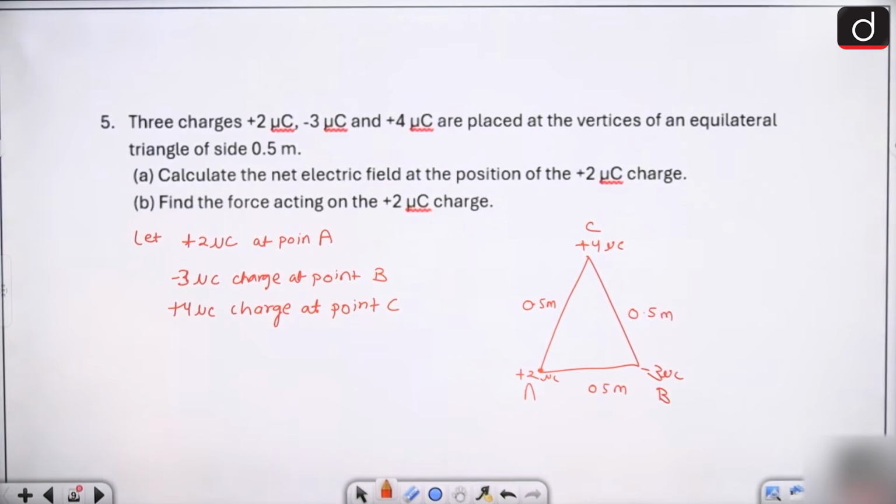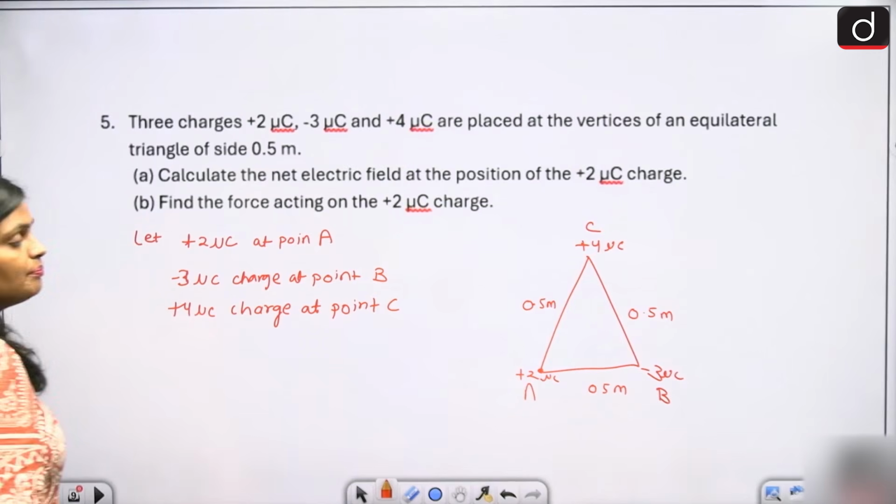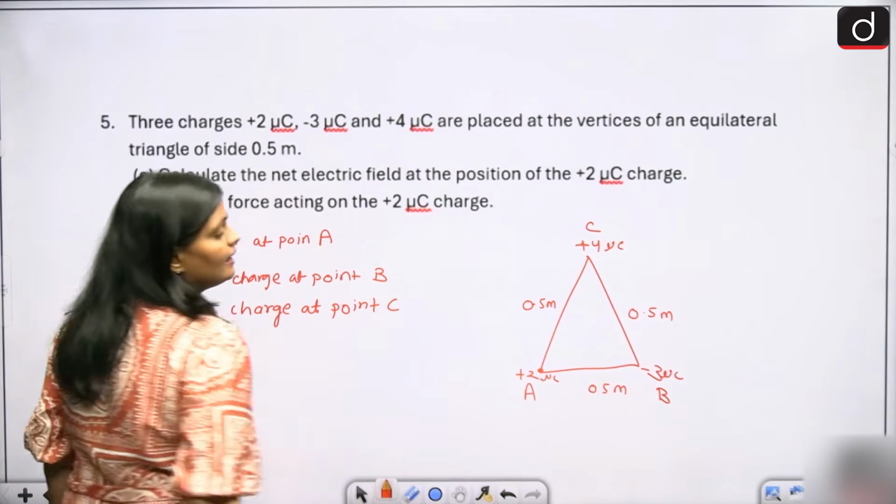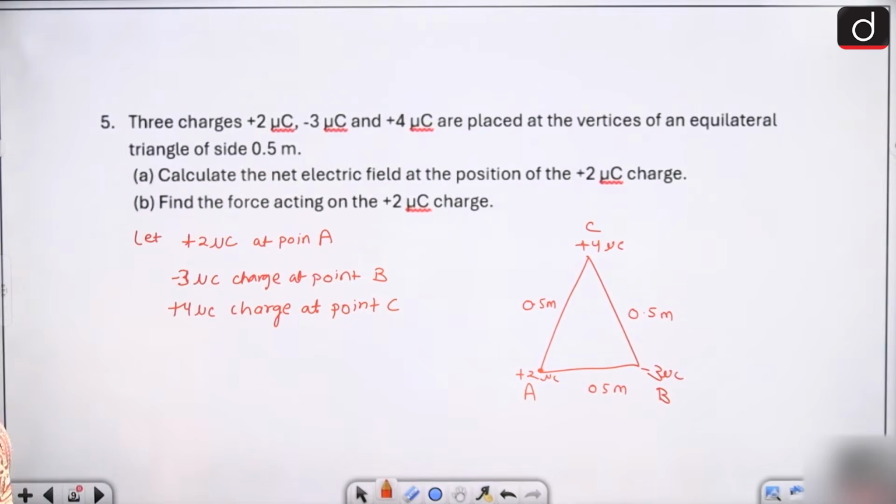So now what you have to calculate? The net electric field at the position of +2 mu c. So first of all, simply you have to calculate the net electric field at point A.